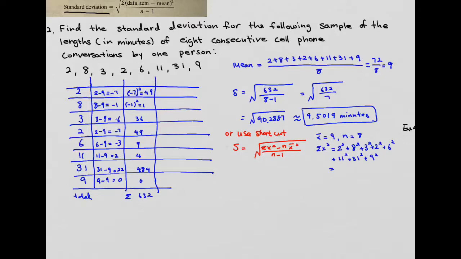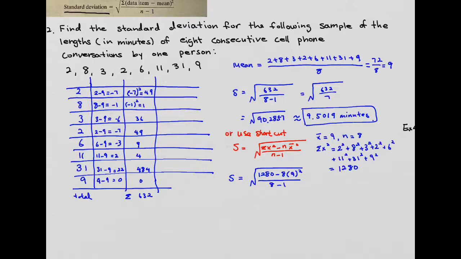And when we get that value out using your calculator, you get 1,280. And when we put that into the formula here, we're going to get standard deviation equals the square root of 1,280 minus 8 times 9 squared, over n, 8 minus 1.